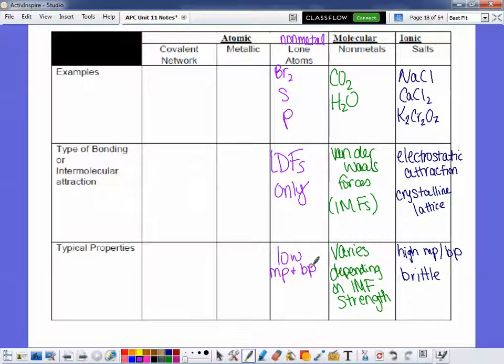These are also very volatile, not meaning volatile as in unstable, but because they have very weak intermolecular forces, they're going to escape to the gas phase fairly easily. For example, sulfur is very smelly. It smells like rotten eggs. That's because those sulfur atoms like to escape fairly easily, and then you can smell them.